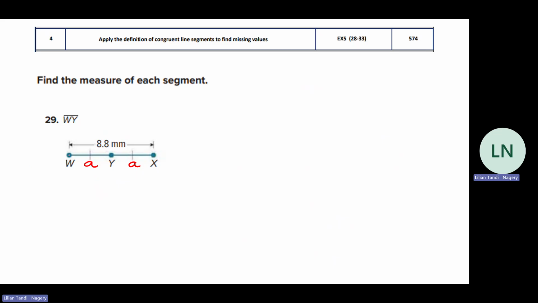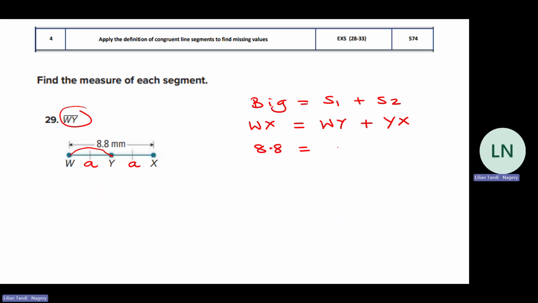Okay, and the question wants me to find from W to Y. So I'm going to write big equals small 1 plus small 2. Big is WX, which equals WY plus YX. WX is 8 and 8/10, and this is A and this is A. So this becomes 2A equals 8 and 8/10.